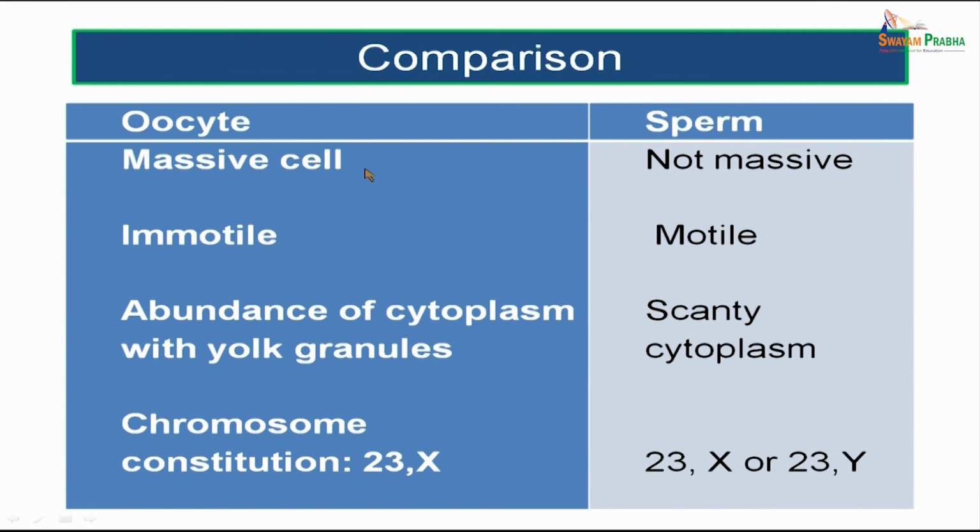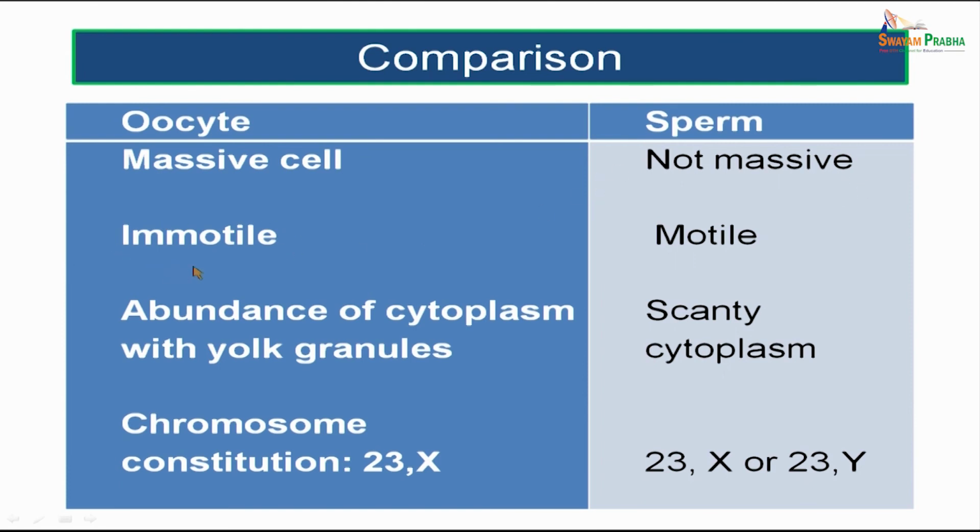Let us have a quick comparison between an oocyte and a sperm. When we compare an oocyte to a sperm, the oocyte is usually massive because it has a larger proportion of cytoplasm, and this cytoplasm contributes to the formation of the zygote. Whereas in sperm, there is not much cytoplasm, hence it is not massive.